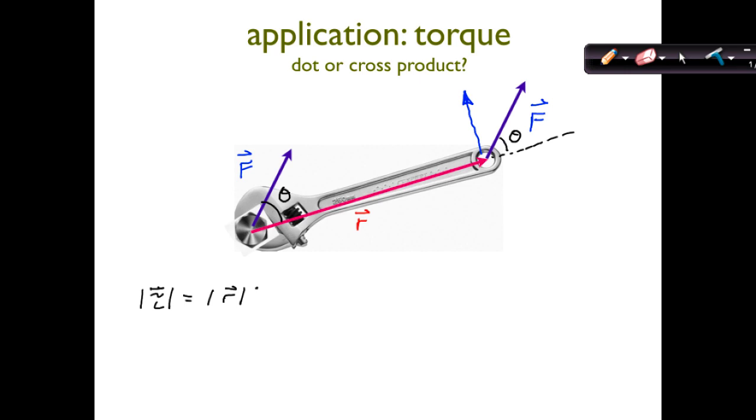Magnitude of F sine theta. Is that what you're going to say? It should make sense, right? This is the vector F sine theta, or has the magnitude F sine theta. That's what's going to contribute to twisting.